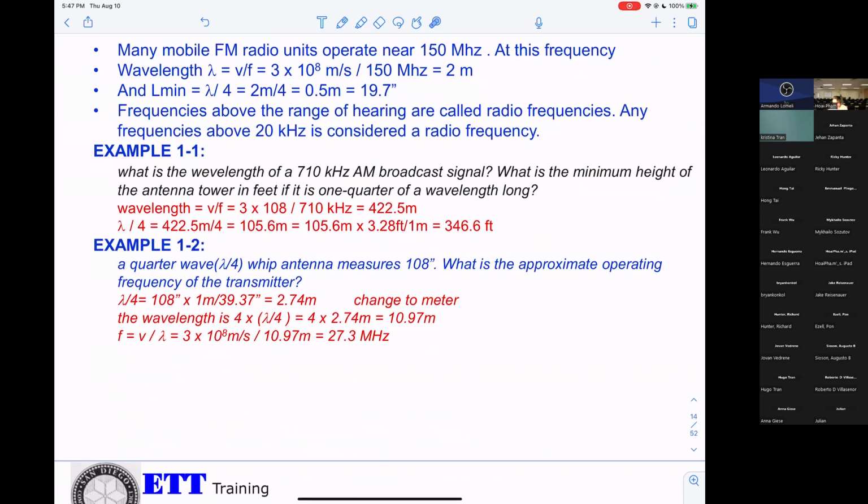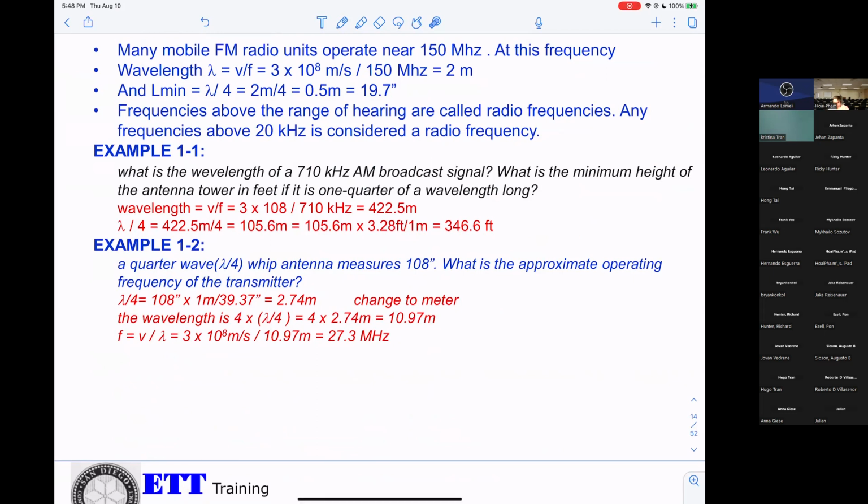Frequencies above the range of hearing are called radio frequency. Any frequency above 20 kilohertz is considered a radio frequency.